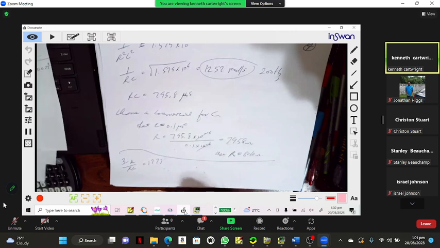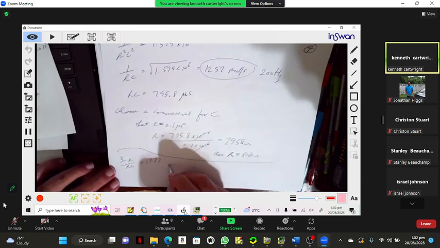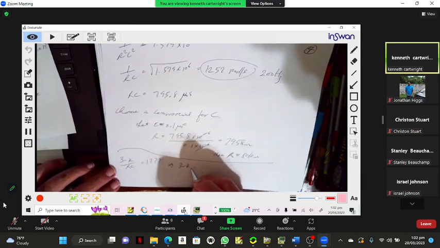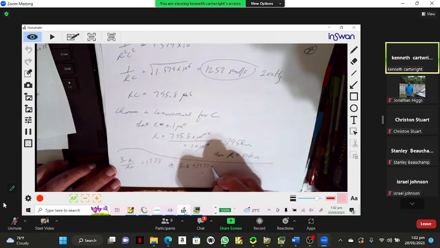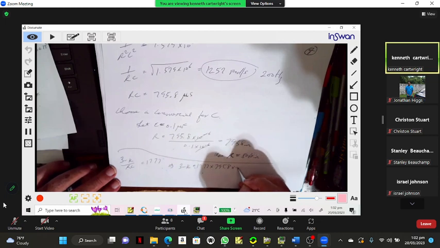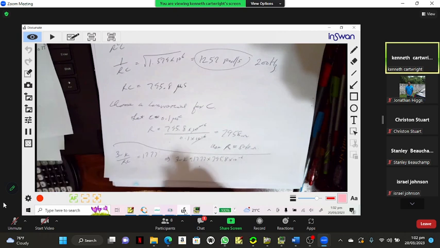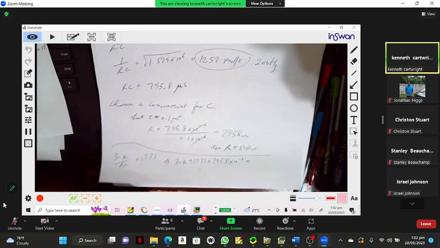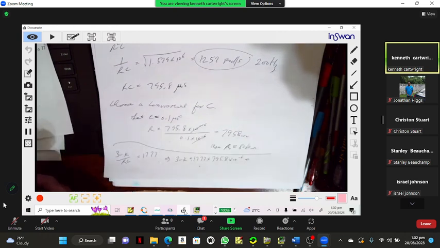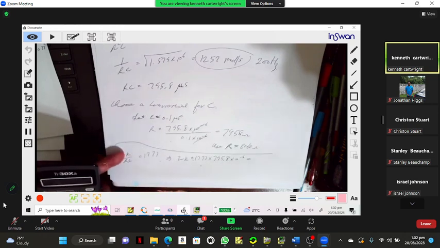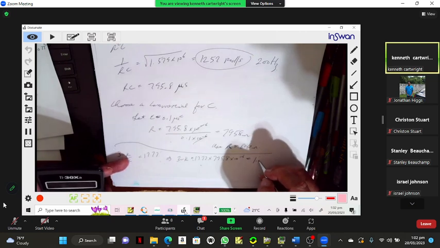So solving this, 3 minus K equals 1777 times 795.8 times 10 to the minus 3, which is 1.414.